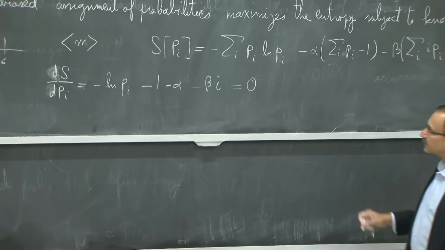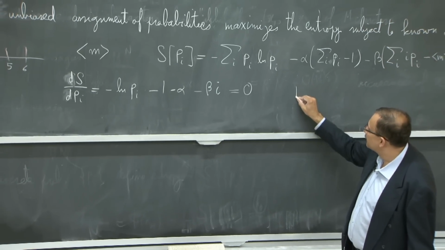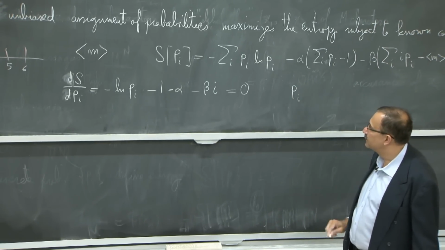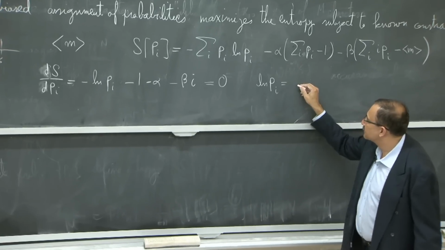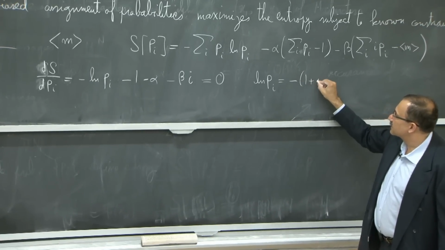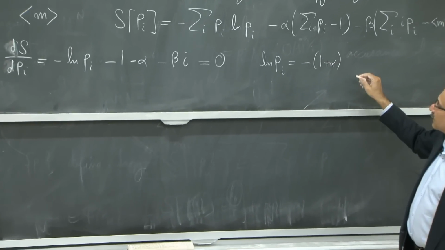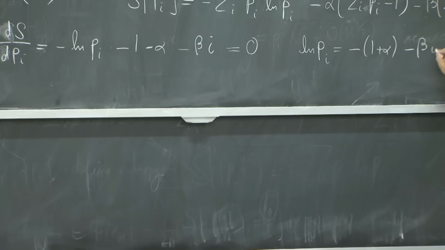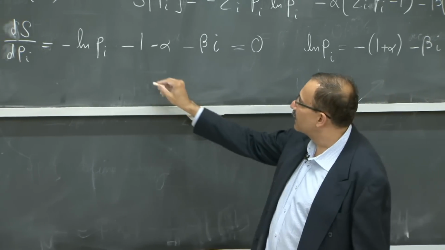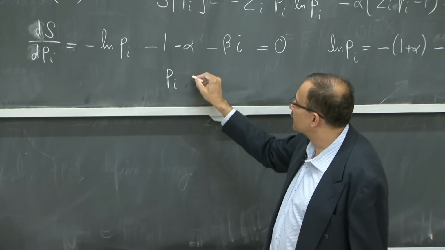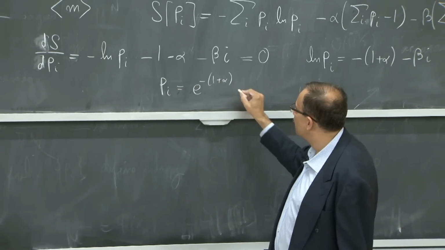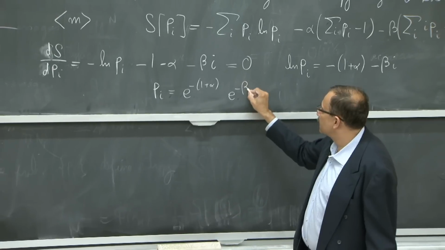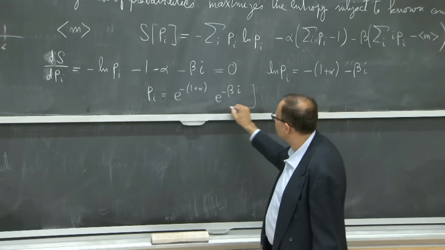So you can see that the solution to this is that log of p_i is minus 1 plus alpha minus beta i. So that p_i is e to the minus 1 plus alpha, times e to the minus beta times i.